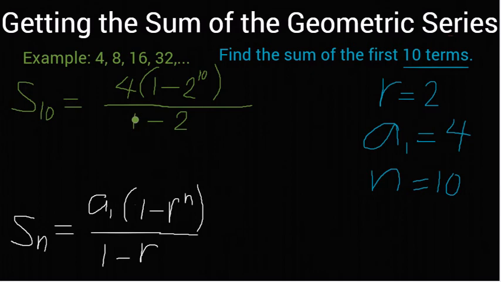We notice that our denominator would be negative, because our r is greater than 1. So 1 minus 2 would be negative.